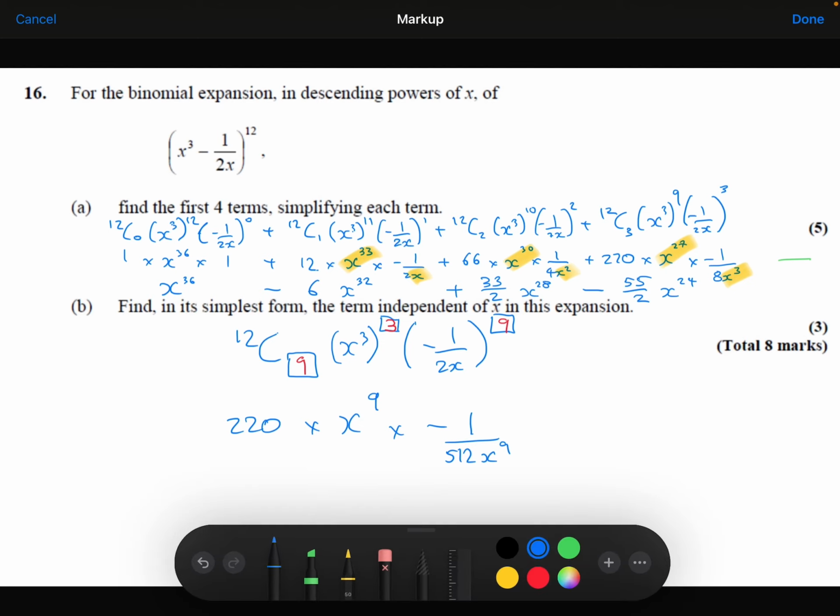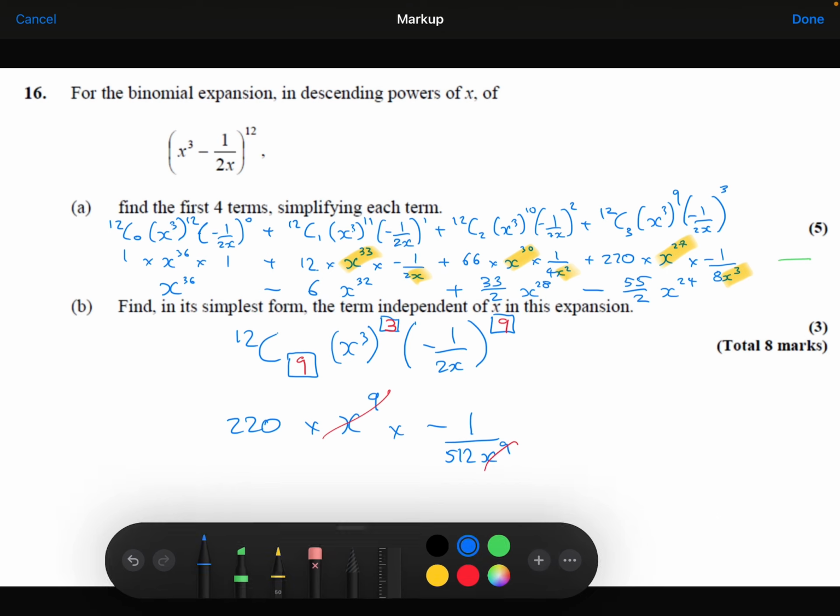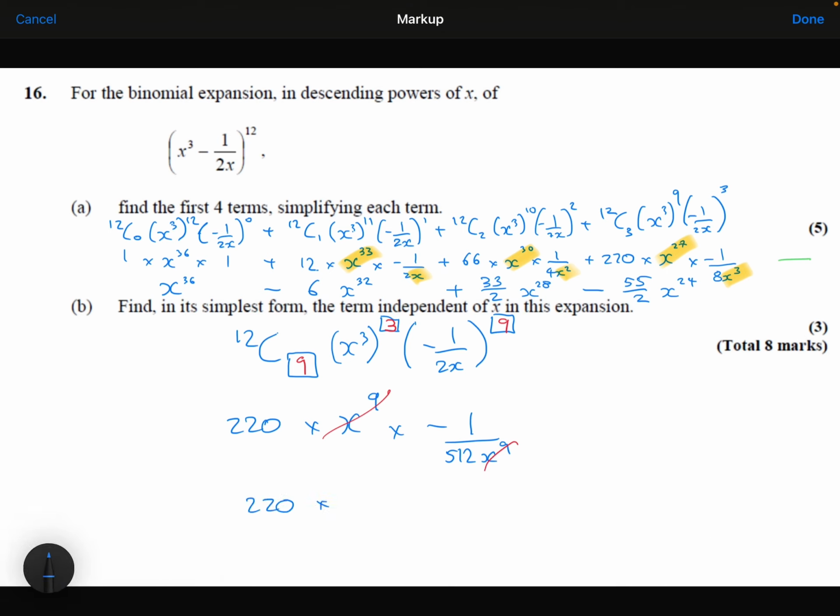And like I said, the x's will cancel out and just leave me with 220 times minus 1 over 512, which would simplify to be minus 55 over 128. And that is the term that would be independent of x.